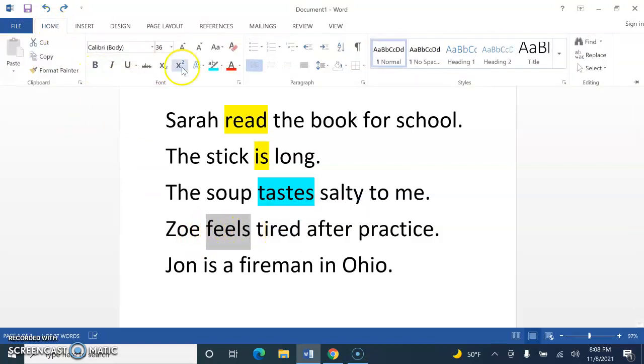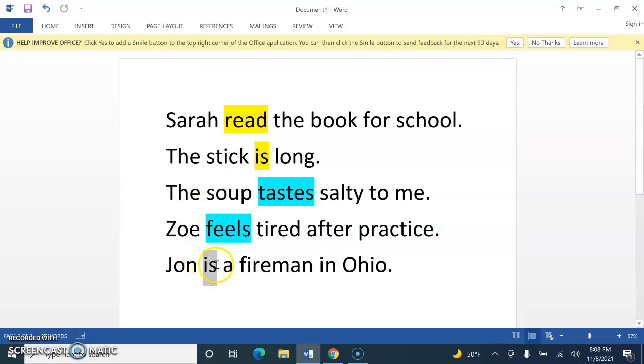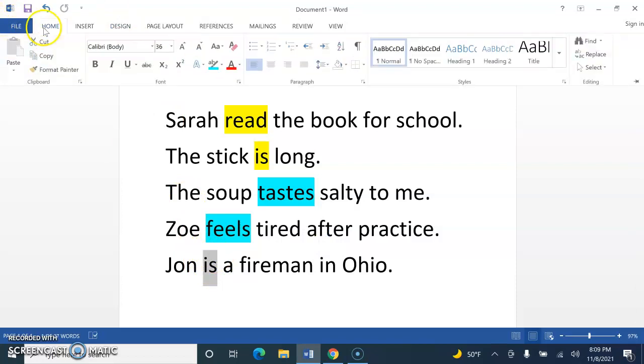Feels is our linking verb telling you her state of being that she feels tired. And then again, we have is, and we know that is a linking verb because it's part of our list. And this time, John is what? He's a fireman. Fireman is a noun that renames John.